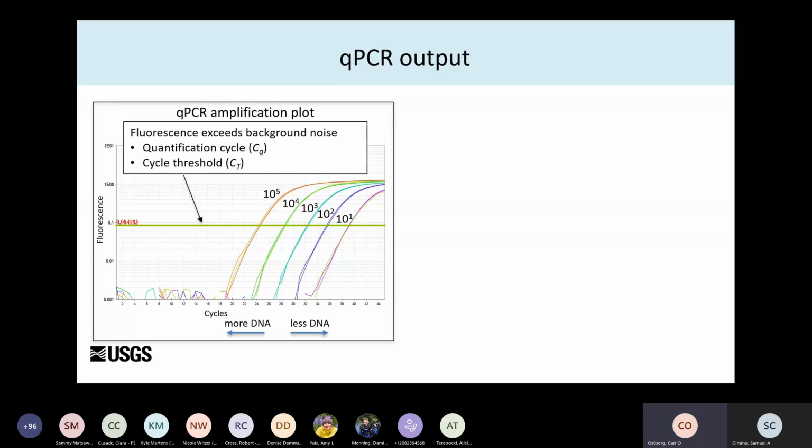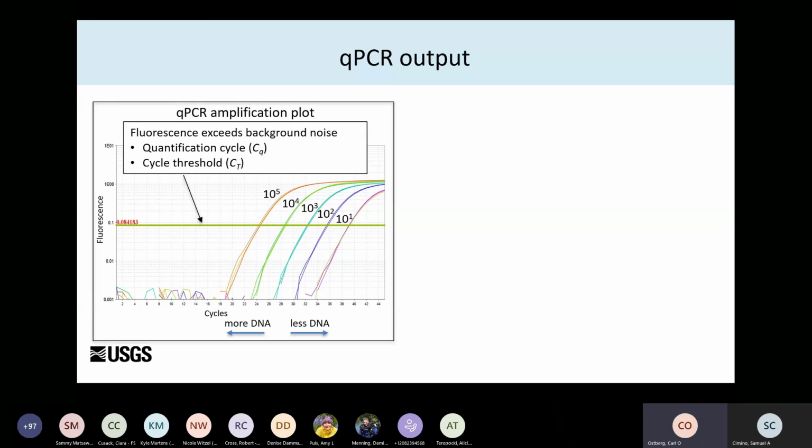The point where the sample crosses this threshold is referred to as the quantification cycle, or the CQ, or the cycle threshold, which is CT. So detection of a product in a sample occurs at the cycle where the accumulated fluorescence exceeds the background level.